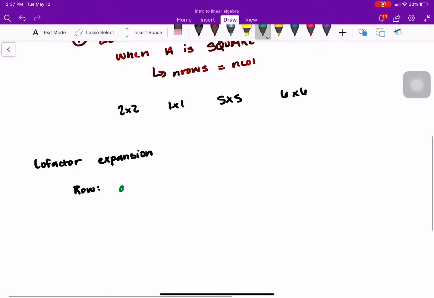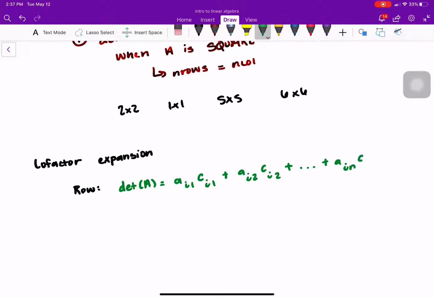The determinant of A, where A is an n by n matrix, is a_i1 C_i1 plus a_i2 C_i2 plus dot dot dot a_in C_in.